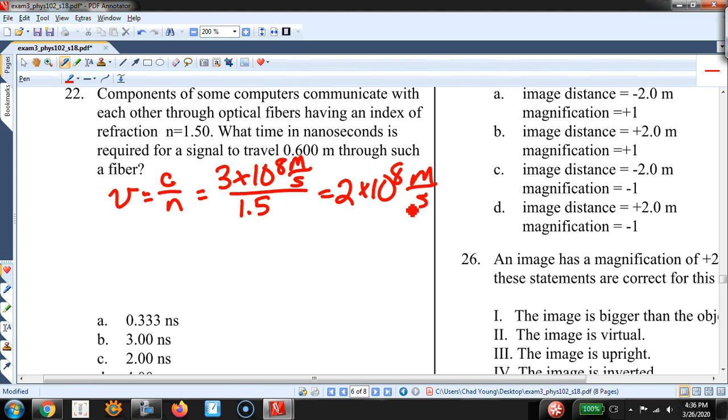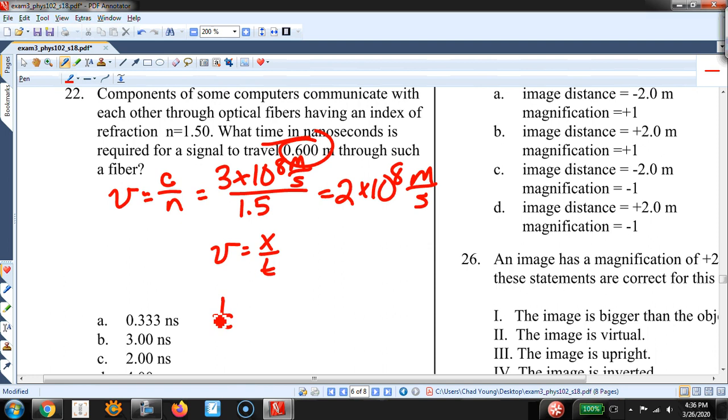second. Now, if I want to know the time in nanoseconds for it to travel this distance, I would say v is equal to x divided by t. That's not on your equation sheet, but it's an equation that you should really know. It's one of the fundamental kinematics equations, that speed is distance over time.